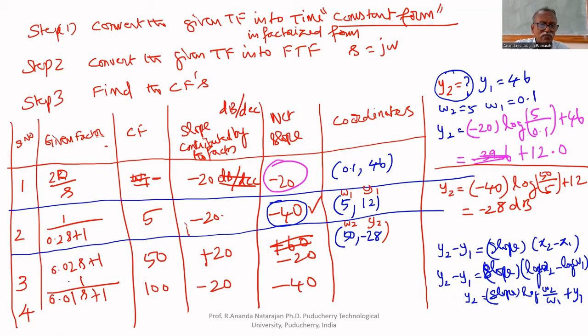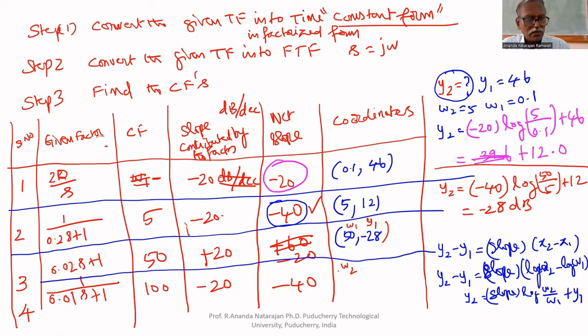Now we have to find the coordinate for the final. Again, we consider this as omega 1, this is y1. Omega 2 is 100, comma y2 we have to find.